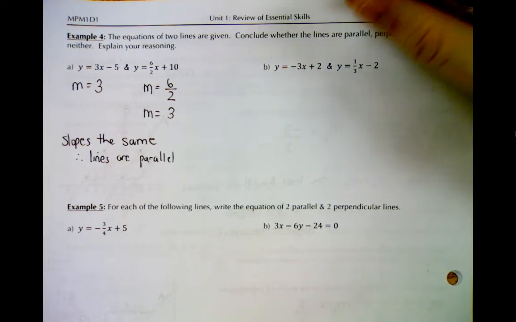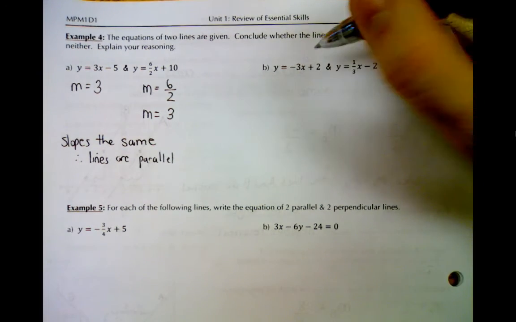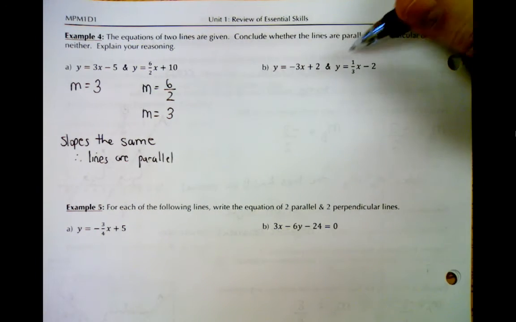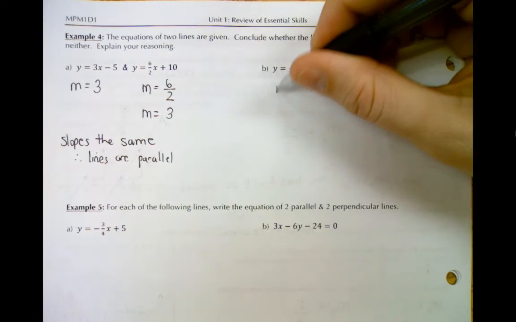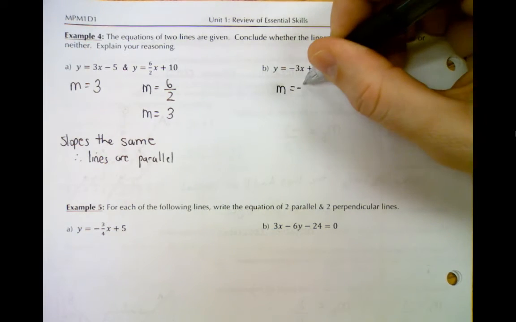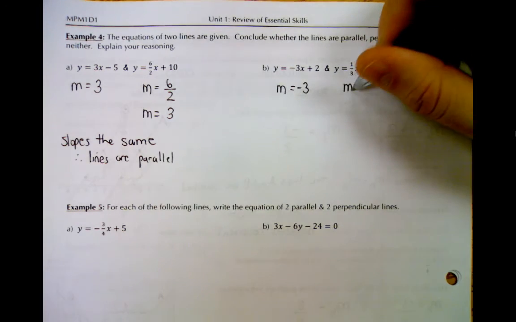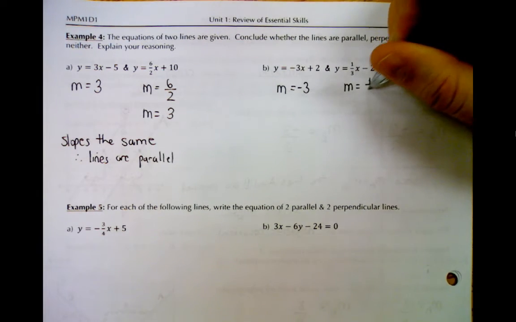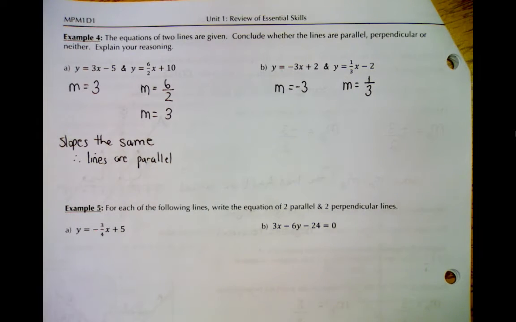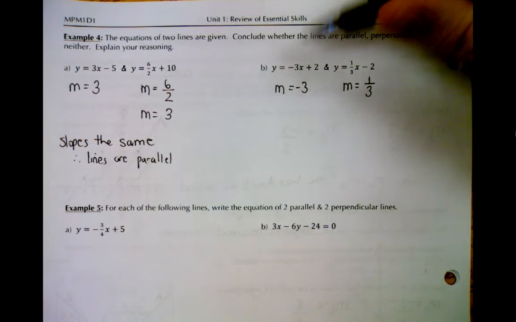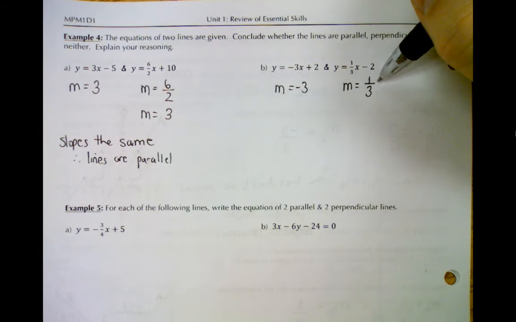Let's try another one. B, we've got y equals negative 3x plus 2, and y equals 1 over 3x minus 2. We're going to compare the slopes. The slope of the first one is negative 3. The slope of our second line is 1 over 3. Remember, the slopes come from the number in front of x, the constant of variation. These are not the same, so it's not parallel.